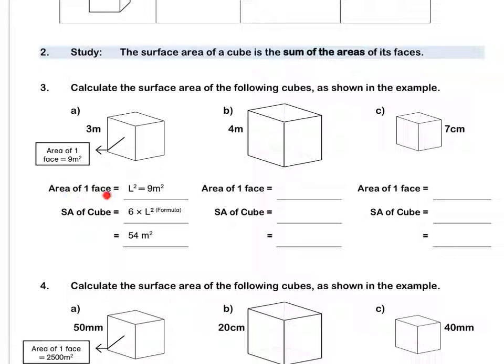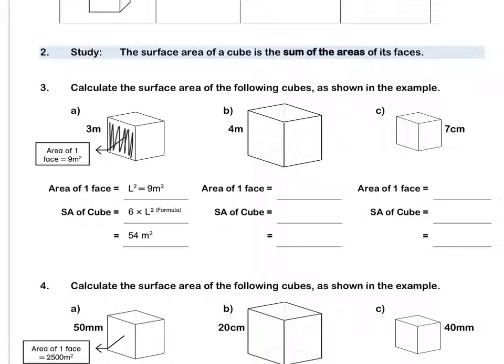The area of one face, so if we look at this one face there, let me color it in for you, is equal to length squared, which in this case is 9 meters squared. But we know that a cube has got 6 identical square faces. So the surface area of the whole cube is equal to 6 times the area of one face.